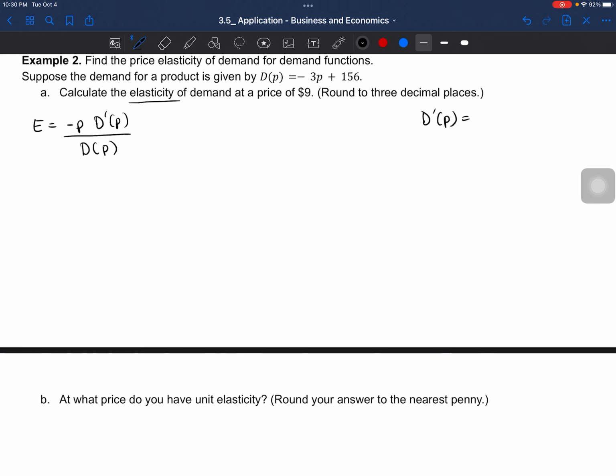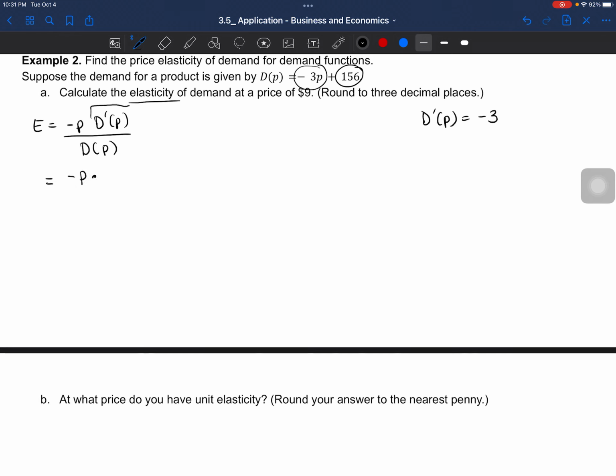So let's go ahead and find that. Let's do the side work here. D prime of p: the derivative of negative 3p is negative 3, of course, we're doing this with respect to p. The derivative of 156 is actually just 0.